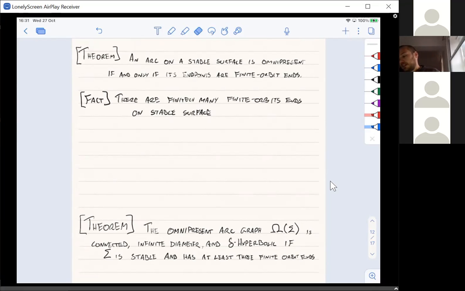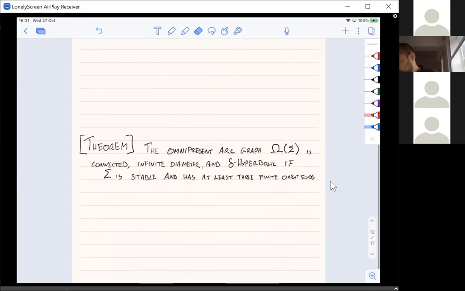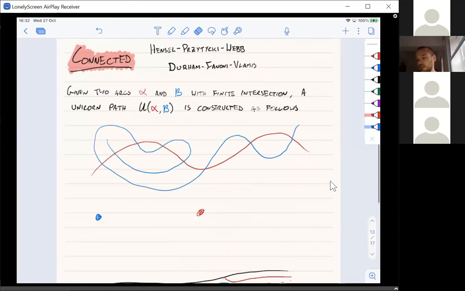Okay, so using those two facts, we can try and prove how this works. And if you're familiar with arc graphs, you might know these unicorn paths, which is how we prove it. This is work which I believe is due to Hensel, Przytycki, and Webb.